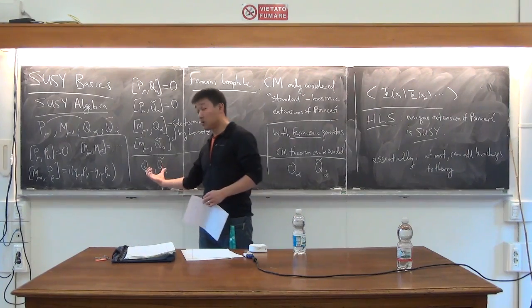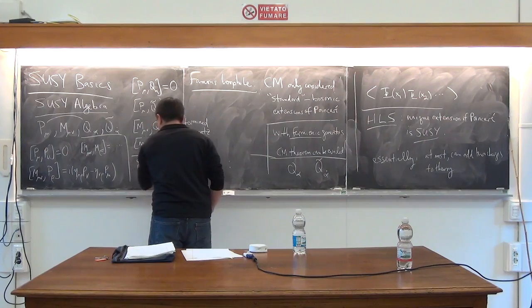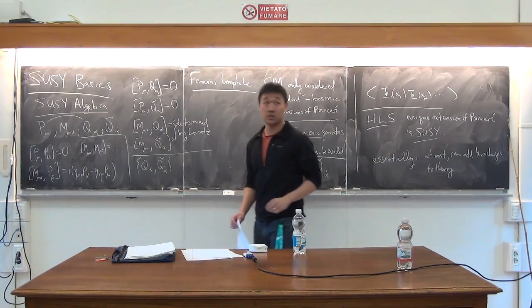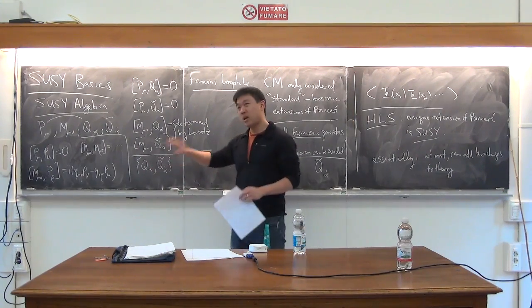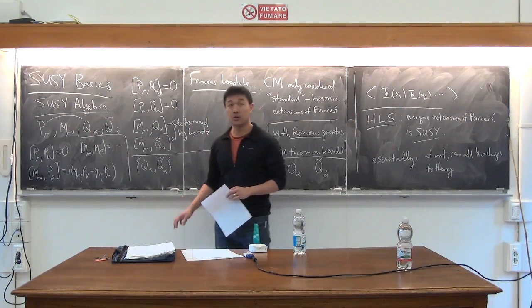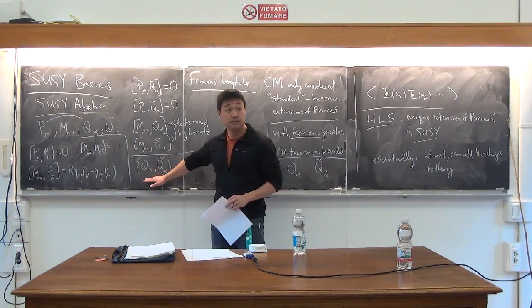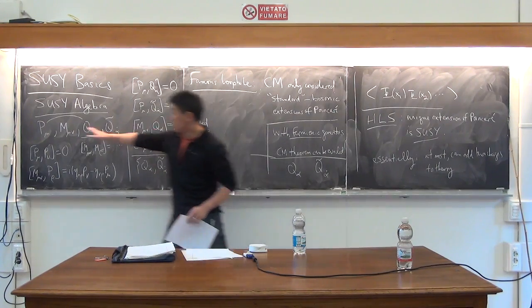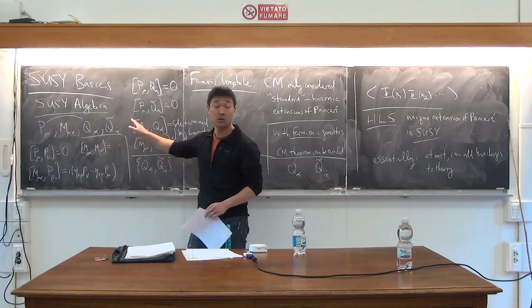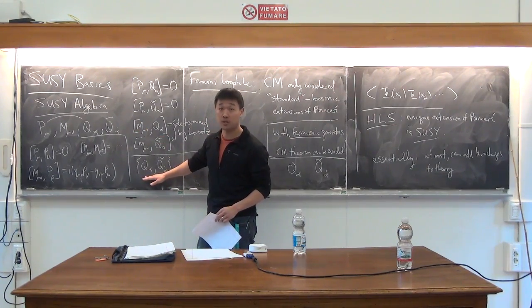Whenever you have fermionic operators, they should obey anti-commutation relations. So here we have a slight choice, a very mild choice. What should this be? We're only allowed to use these objects here, and we know that this thing transforms under Lorentz symmetry with one left-handed index and one right-handed index.